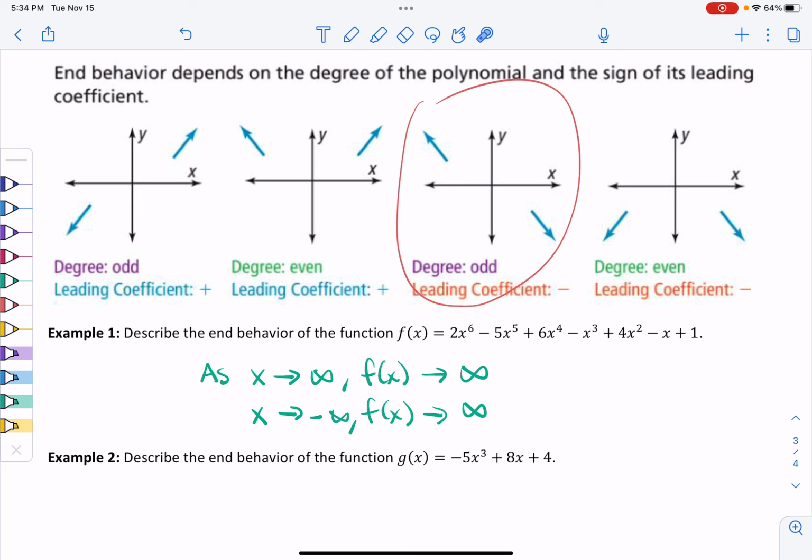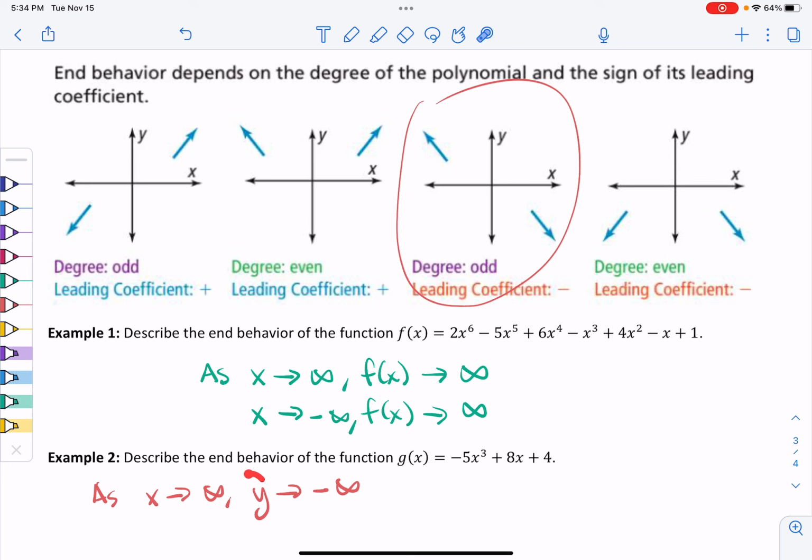So with an odd degree and a negative leading coefficient, as x goes to positive infinity, I'm actually going to want to write this all in a line on this one. So as x goes to positive infinity, y is going to negative infinity. You can see this right here. It's going down. Now notice I've written y here and f of x up here. That's fine.